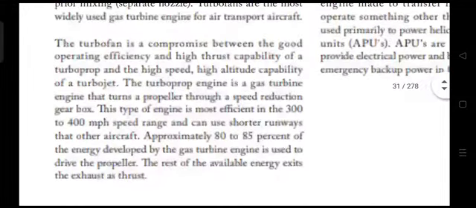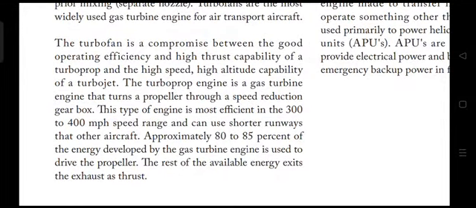The turbofan is a compromise between the good operating efficiency and high thrust capability of a turboprop, and the high speed, high altitude capability of a turbojet. Turboprop is a very good engine for the lower altitudes and for regional flights. That is the reason you will find the ATR aircraft, the Q400 operated by SpiceJet, and ATR operated by Indigo.